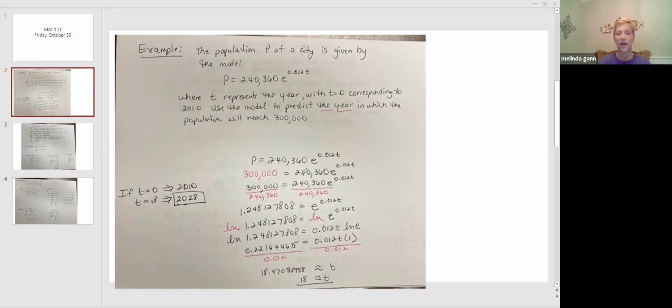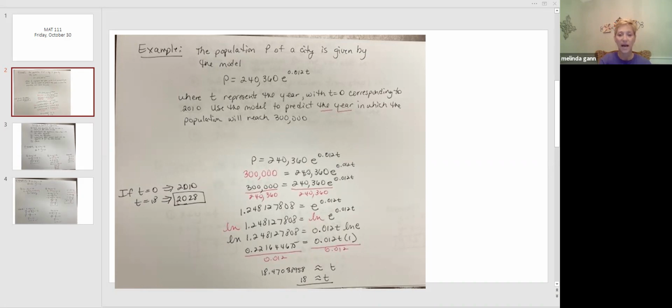So I have 300,000 equals 240,360 e to the 0.012 times t. That's a little hard to read. So remember, step one is you have to isolate the variable. So I've got to get this e raised to this power by itself. So I've got to get rid of that really long number. So remember, that number is multiplied by this thing. So we undo multiplication by dividing.